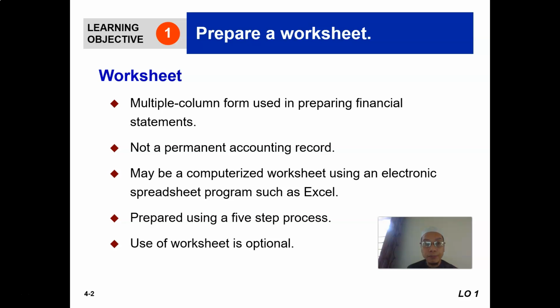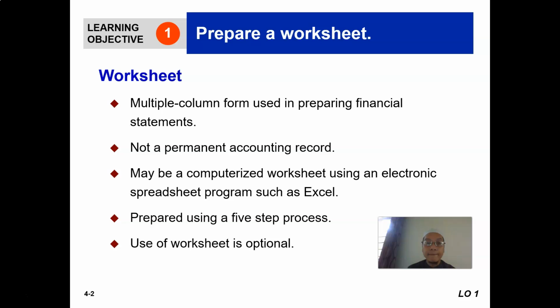Accountants use a worksheet as a draft paper, a place to summarize the trial balances and create draft financial reports in one sheet, so that they can see all the data, all of the account balances.